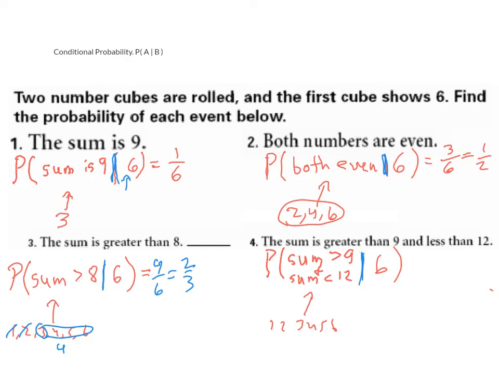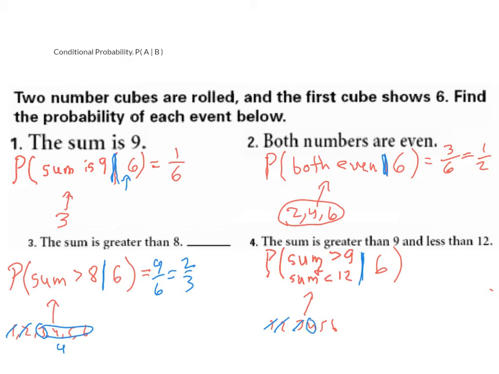And so 6 plus 1 is 7. That's not greater than 9 and less than 12. 6 plus 2 is 8. That's not greater than 9 and less than 12. 6 plus 3 is 9, not greater than 9. And then 6 plus 4 is 10. That is greater than 9 and less than 12, so that fits both criteria.